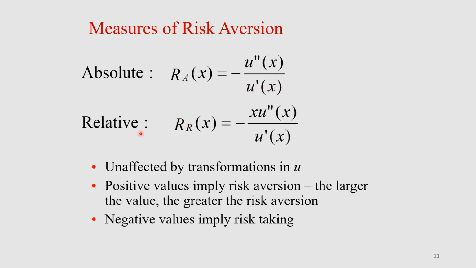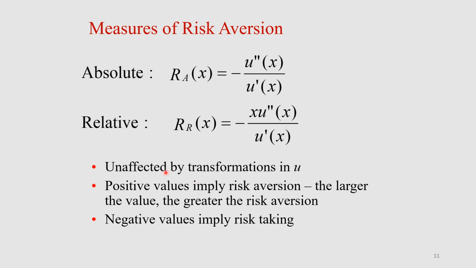The relative risk aversion coefficient, R sub R, is equal to minus the same as this one, u double prime over u prime, the second derivative over the first derivative of the utility function, but then multiplied by x, in other words, the place you are currently at.